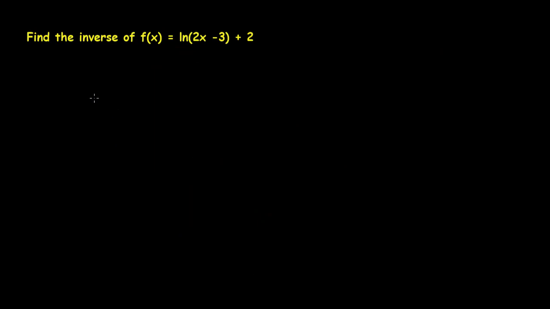Alright, so for the final problem, we are told to find the inverse of f of x equal to the natural logarithm of 2x minus 3 plus 2. So remember that we let y be equal to f of x. Now y being equal to f of x implies that y is equal to the natural logarithm of 2x minus 3 plus 2.